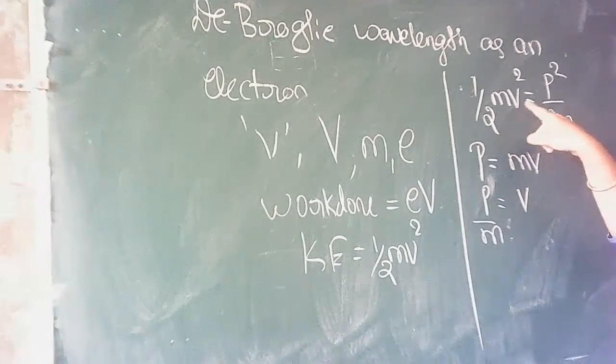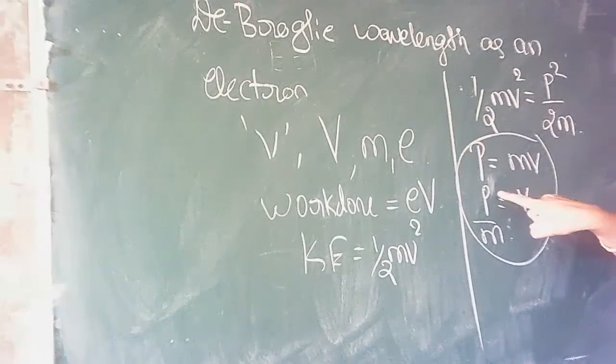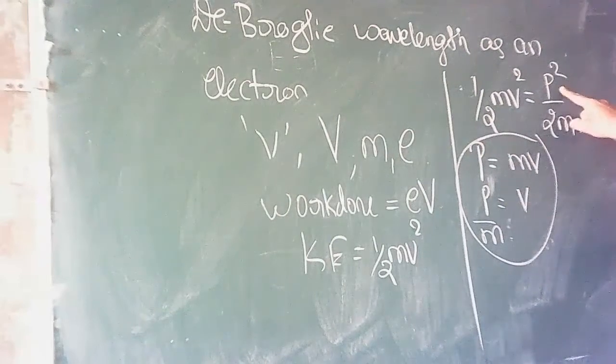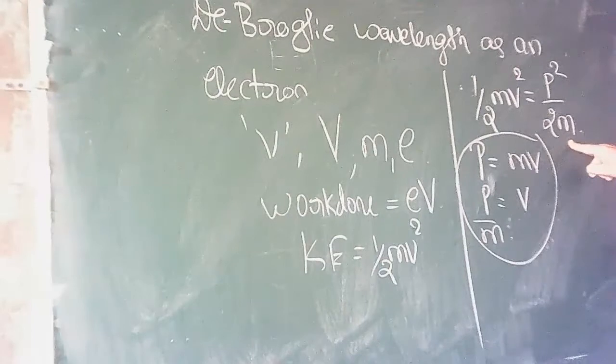Substitute the value of v, which is p divided by m. That gives p square divided by 2m square, and one m cancels, so we get p square divided by 2m. Is this step clear to everyone?